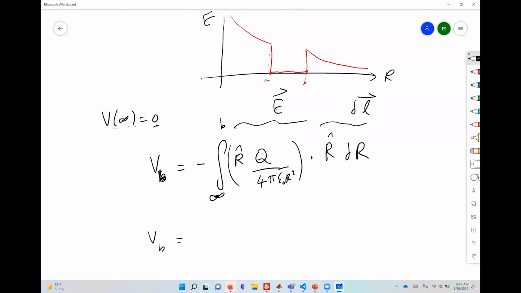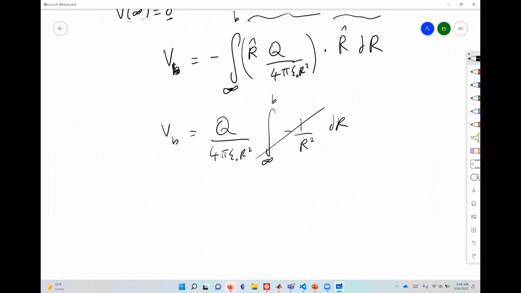So VB is going to be, take Q and all the constants out, 4 pi epsilon naught, and then I'm integrating from infinity of minus 1 over R squared dR. And what does this integrate to?